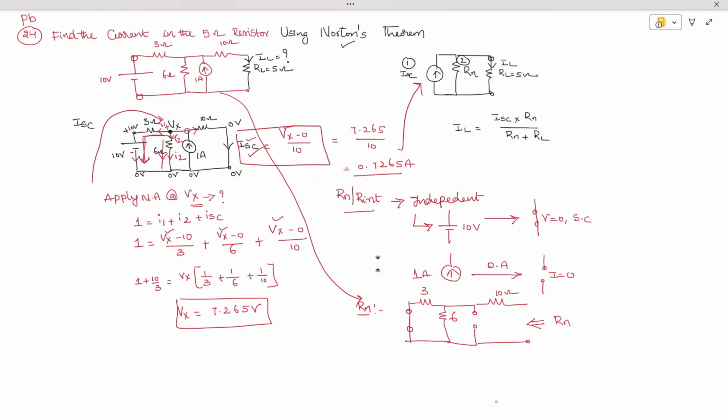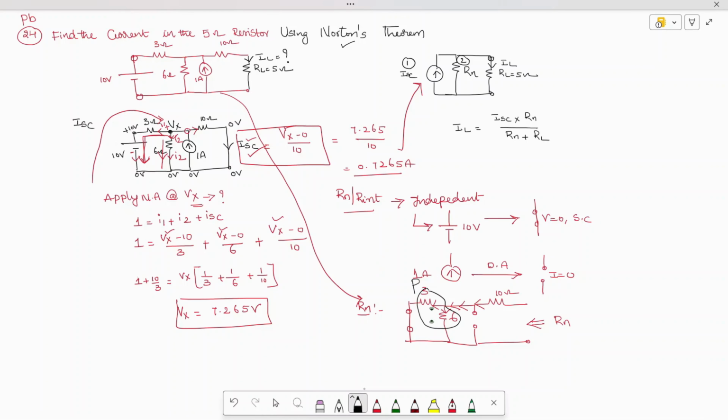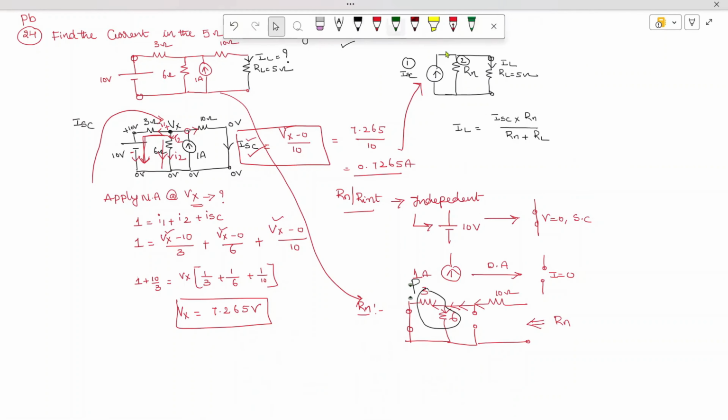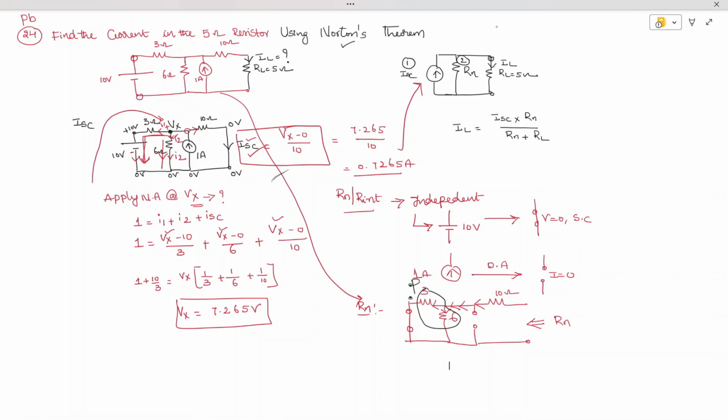When you see here, the current flows in the 10 and the current is going to divide. When the current is going to divide, I can say these two are connected in parallel. So whenever these two are connected in parallel, I will get one more branch like this. Let us assume this has some node 1 and this has node 0.